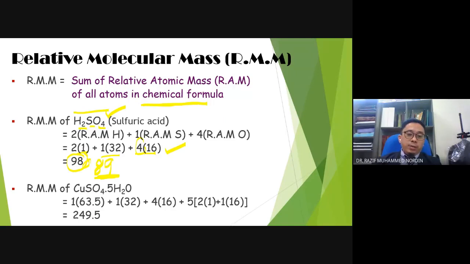Another example, copper sulfate pentahydrate. This is a formula dia. 1 copper and 1 sulfur. Saya tukar color.